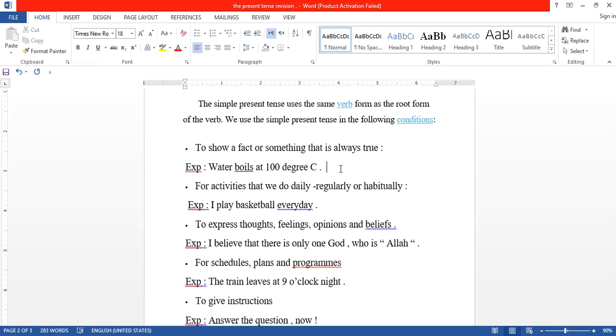Next condition. For activities that we do daily, regularly, or frequently. Example, I play basketball every day. Very good. Again, I can use the simple present to talk about an activity that we do daily. Sports activity, for example, which you do daily.